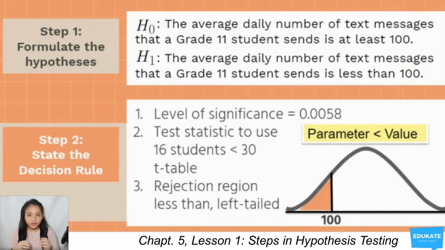The rejection region can be determined from your alternative hypothesis. So your alternative hypothesis here in symbols is mu less than 100. If you have a parameter less than the value, you have a left tail distribution with your rejection region falling on the left. So the colored part here in your normal distribution on the left side, that's your rejection region.